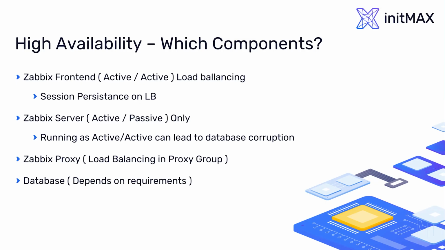You cannot scale by just adding more Zabbix servers to distribute the load. It's not possible. You cannot have a load balancer pointing to multiple servers. You absolutely cannot have multiple active Zabbix servers pointing to the same database. In theory, you of course can do that.